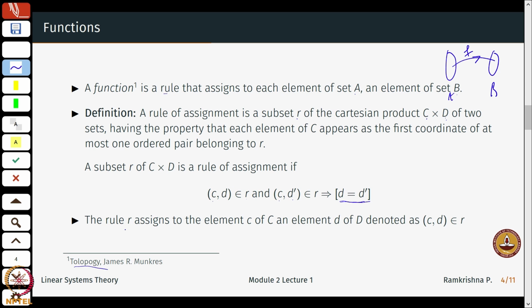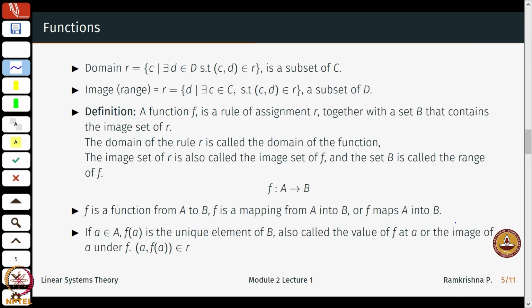So in general, the rule is such that it assigns to every element c of this set capital C an element d, and denoted as (c, d) is in this rule R. Okay, so we'll do it a little more formally now, right.